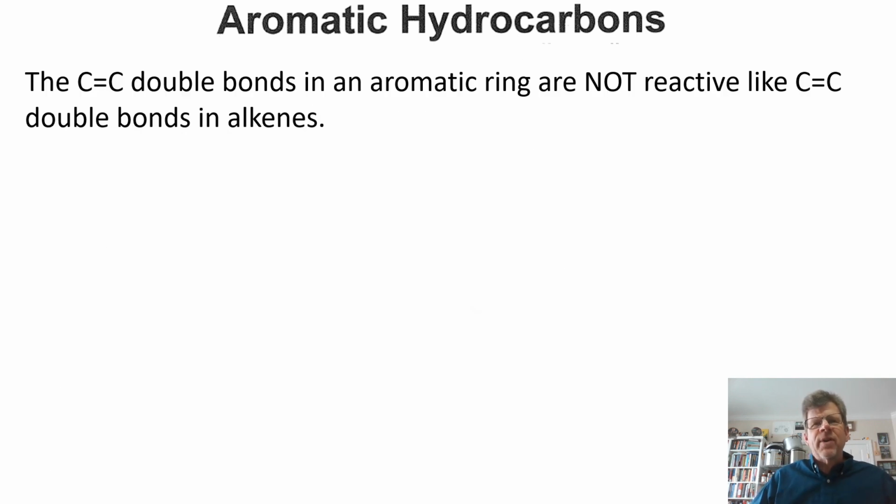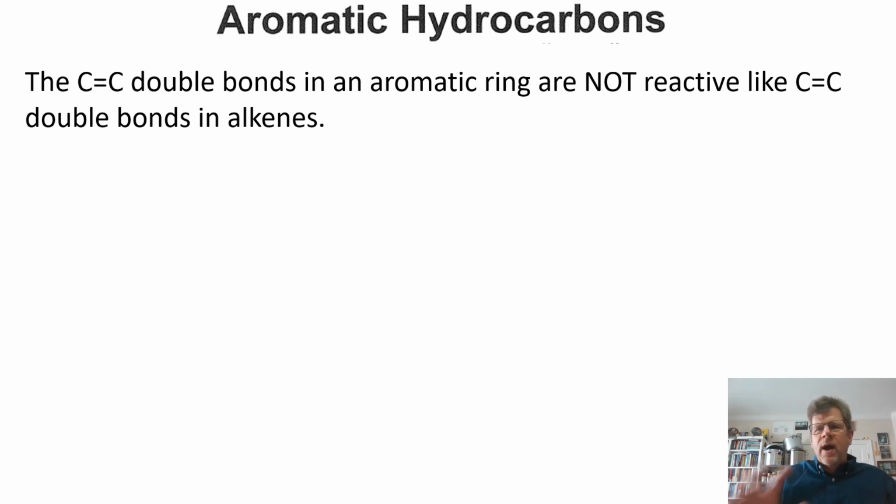So if we look at some of the connotations of the fact that we get these double bonds within an aromatic ring constantly being on the move, can never pin down these as actual alkene double bonds, we find that this speaks in terms of reactivity. The carbon-carbon double bonds in an aromatic ring are not reactive like normal carbon-carbon double bonds in alkenes.